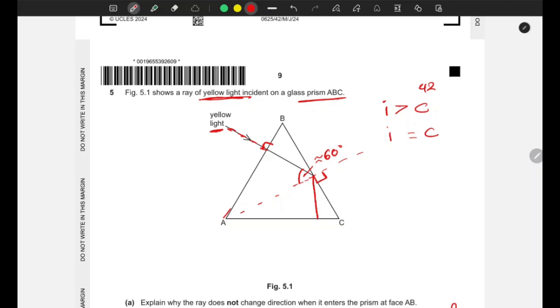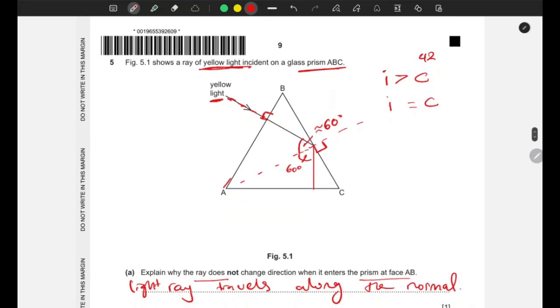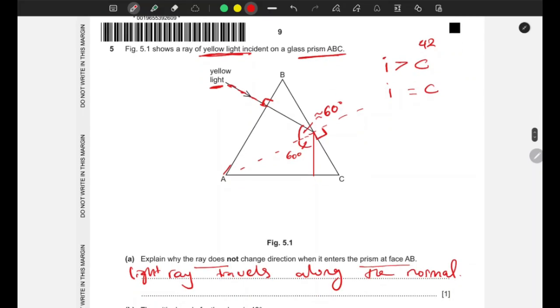And we would also have a 60 degrees angle over here. So now we can see that the ray is incident on line AC.